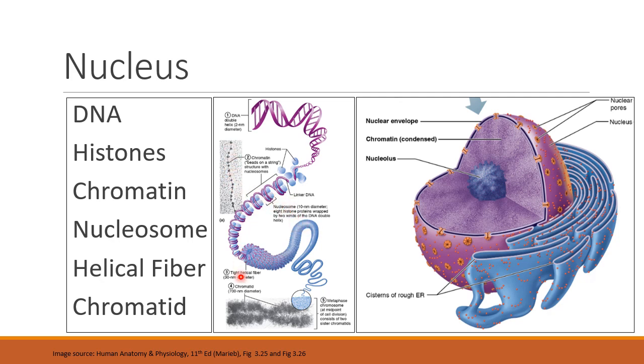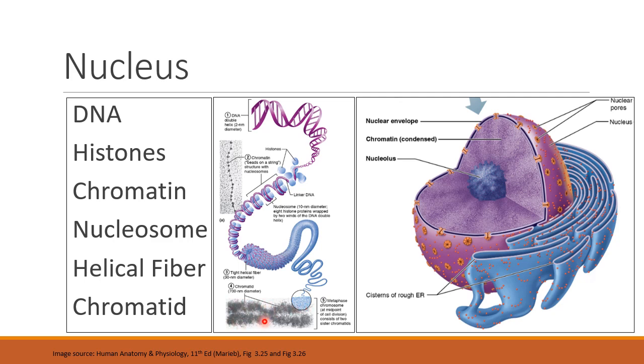Well, that chromatin will also curl up, wrap up in a nice tight coil. That's called a helical fiber. And that's right here. This helical fiber will then bunch up together and form what's called a chromatid. Now, a chromatid is half of this X-shaped chromosome.